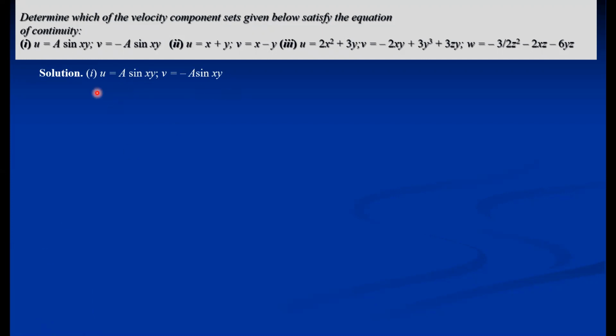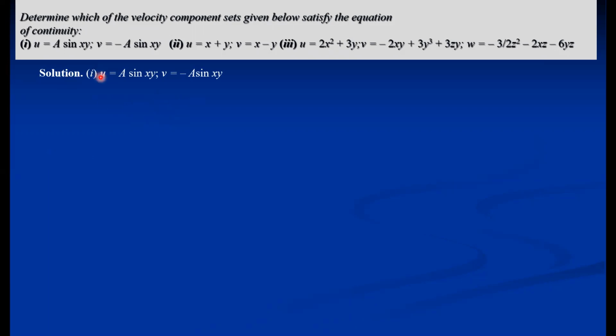As this is a two-dimensional flow, we can use the continuity equation for 2D flow only. As the u and v components are given, we use ∂u/∂x + ∂v/∂y = 0. We have to check whether these components satisfy the continuity equation or not.